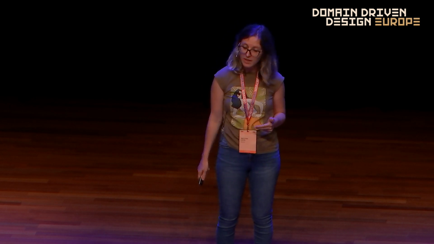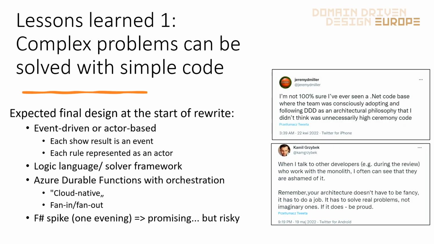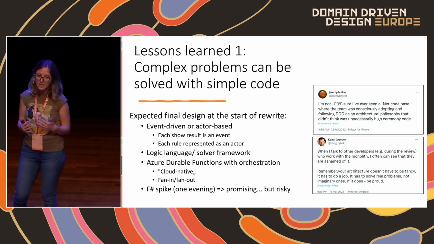So the first thing we learned is that complex problems can be solved with simple code. And by far that one, from the domain perspective, from the requirements perspective, was the most challenging piece of software I worked with. And many times during the implementation, we were kind of losing hope that we could understand it, because there were so many terms, right?